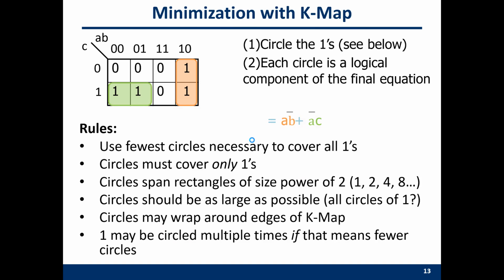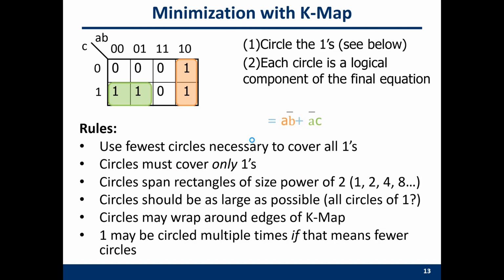So if one variable is 0 and 1 concurrently in this circle, then you can remove it. Then this circle indicates this algebra term. And then this one is A, B bar.